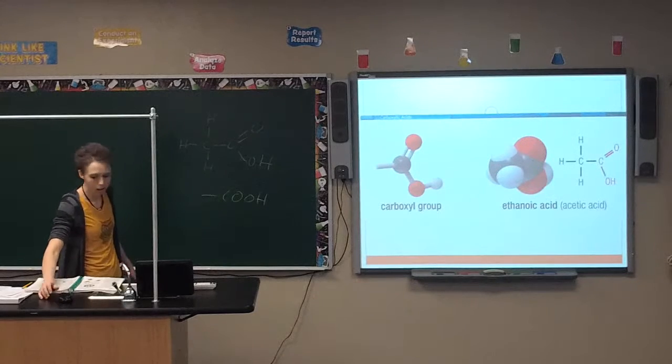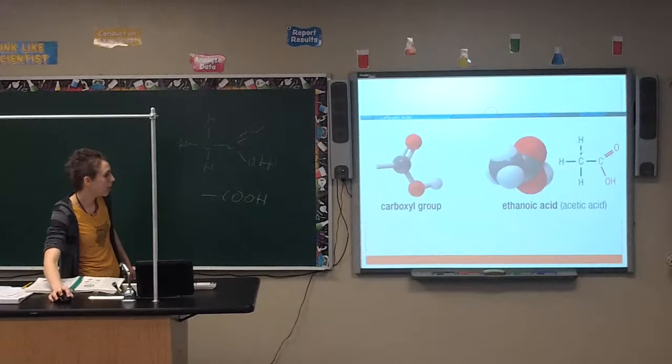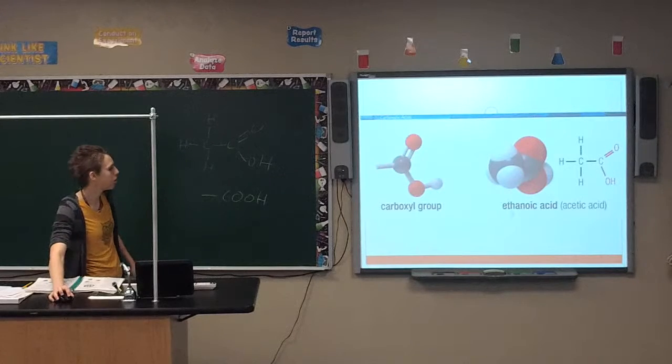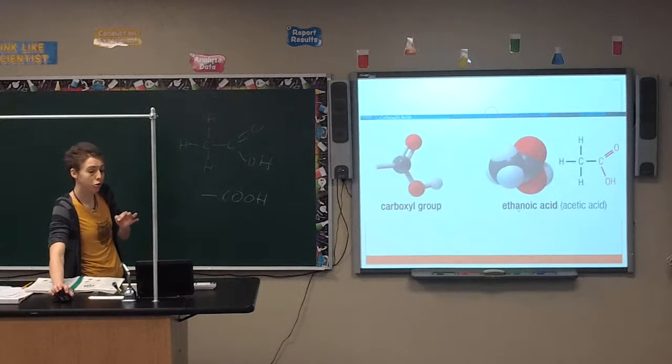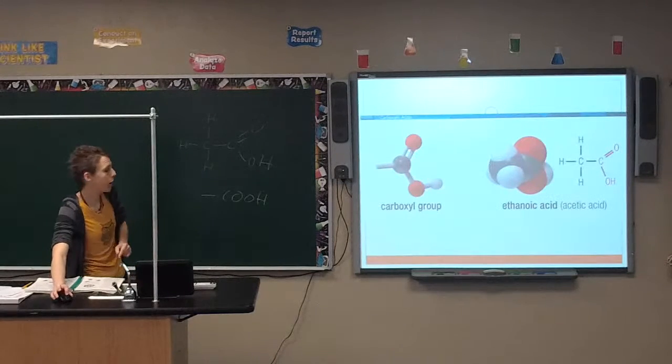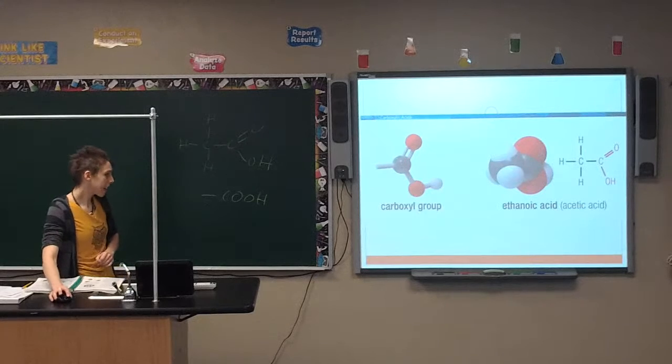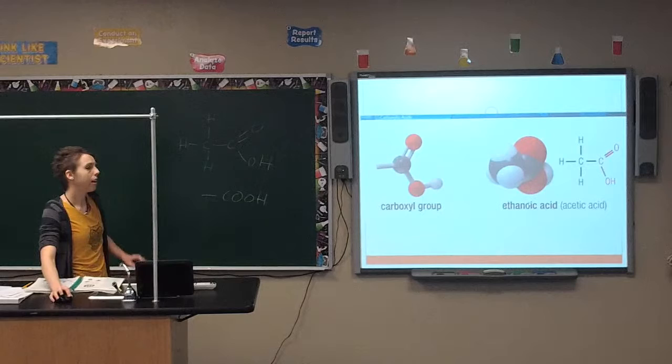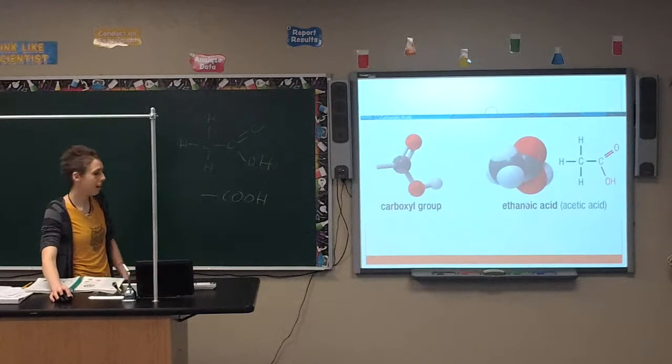So for this one, because there's 2 C's, so again, 'eth' refers to 2. Let me slow down and try to pronounce it correctly instead of going too quick. So ethanoic acid, or acetic acid is how some people say it as well. So instead of saying ethane, ethanoic acid.